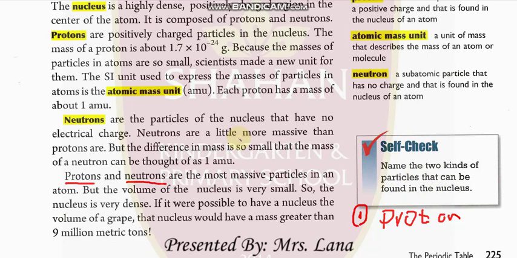Number 2, neutron. Two kinds of particles that can be found in the nucleus: I said the proton and neutron, okay?